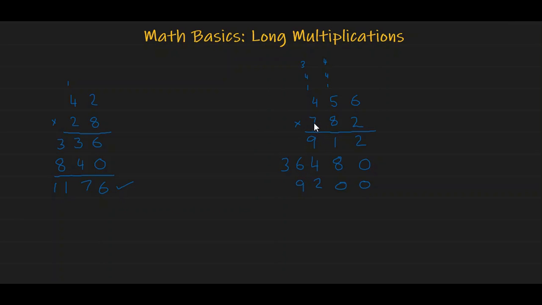And then 7 times 4 will be 28 plus 3, 31.